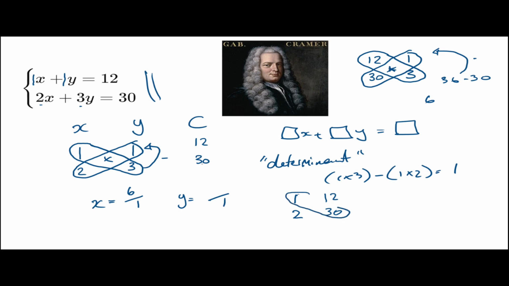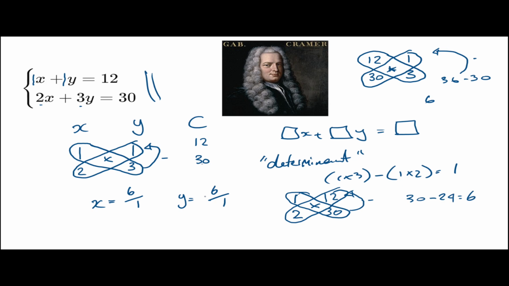Same thing: 1 times 30 minus 12 times 2. So 1 times 30 is 30, minus 12 times 2 is 24, and that's 6. So y is 6 over 1, which is 6.